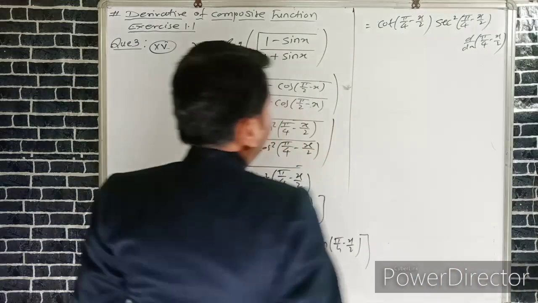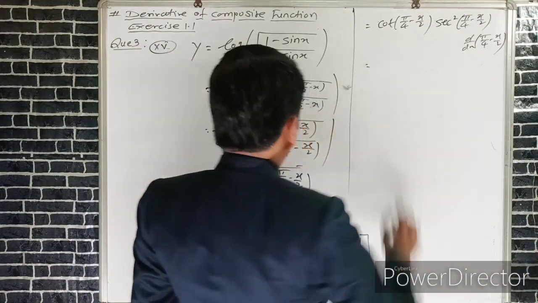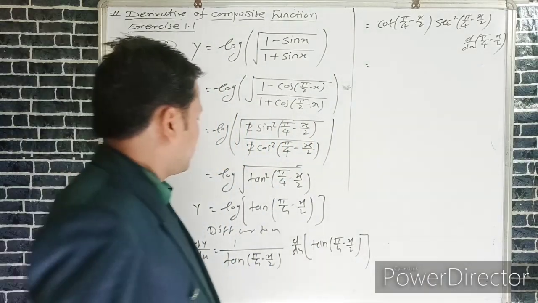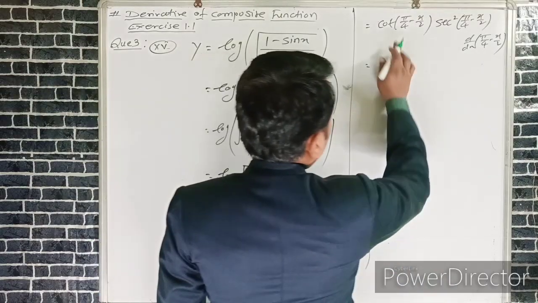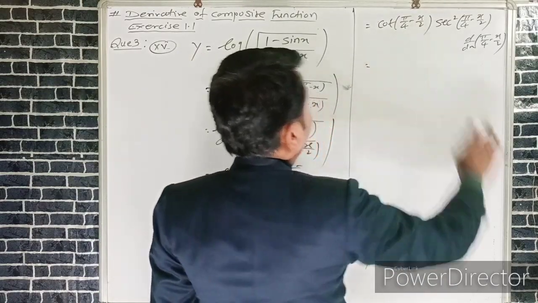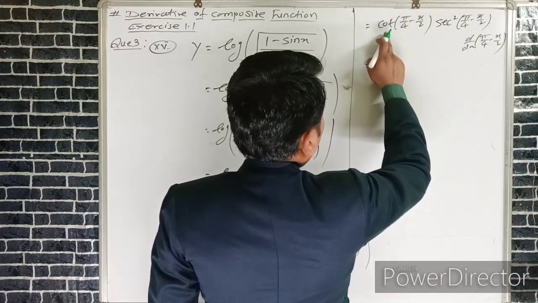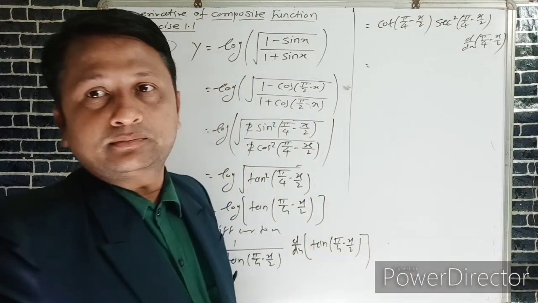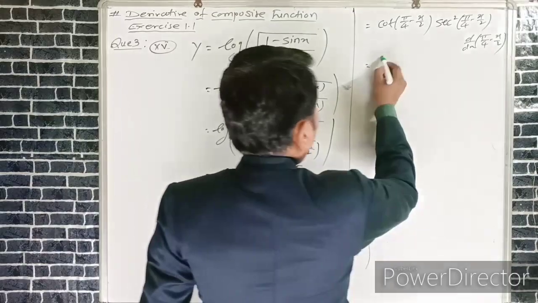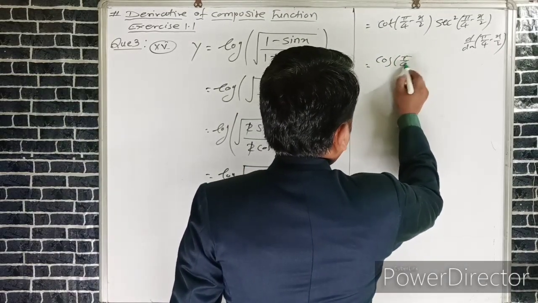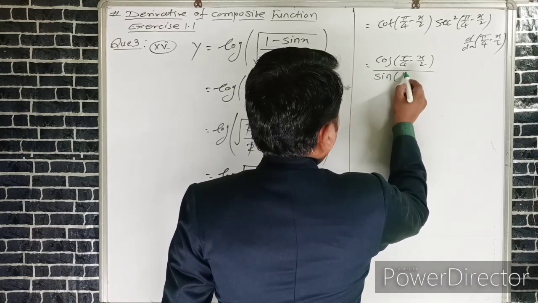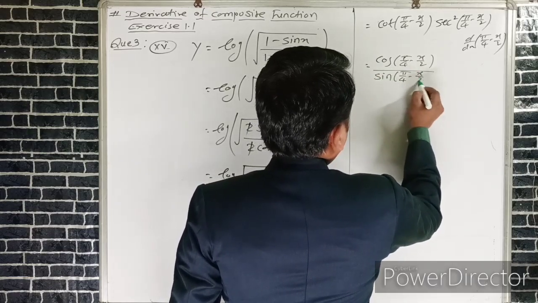Hence we can write here 1 upon cot x into pi by 4 minus x by 2 is cos of pi by 4 minus x by 2 upon sin of pi by 4 minus x by 2.